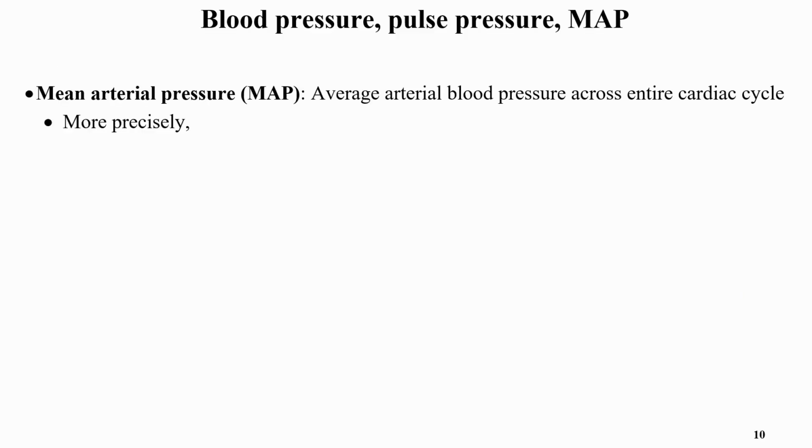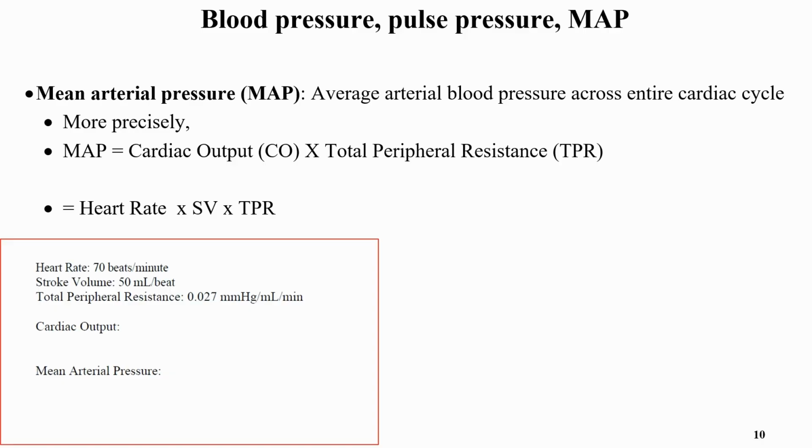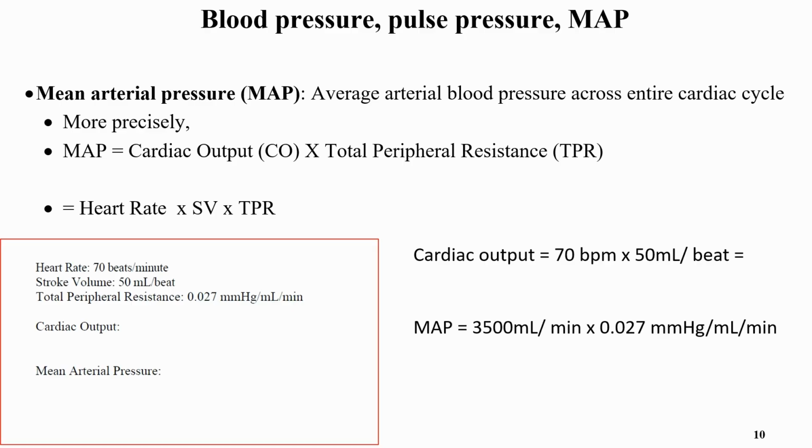And so let's look at an example here. This person has a heart rate of 70 beats per minute, stroke volume of 50 mils per beat. What is the cardiac output? Pretty straightforward. Heart rate times stroke volume gives you the value.